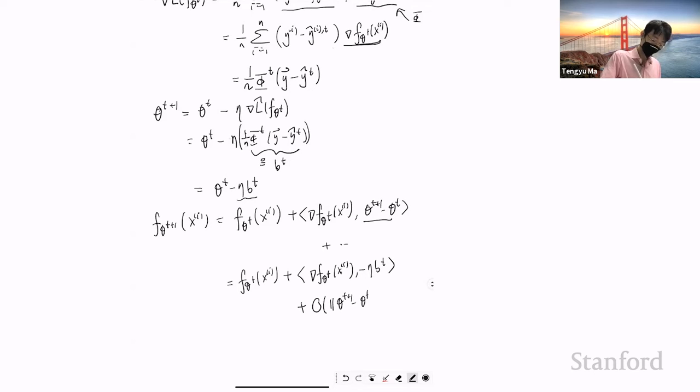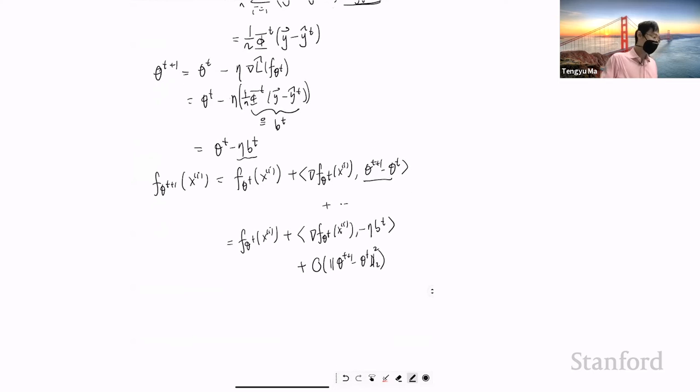If I write it somewhat informally and more formally, I can write this as a function like eta squared times something, because the difference has an eta in it. So you square it and you get eta squared. In some sense, this is a term I want to ignore, because it's eta squared.